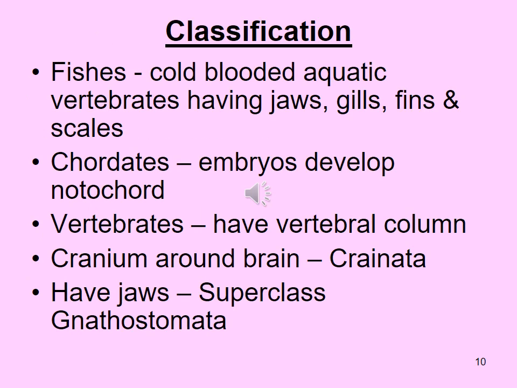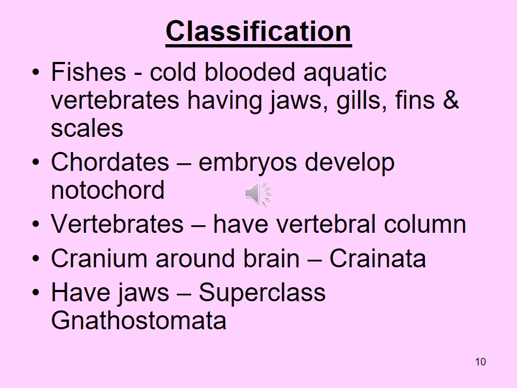Next, moving on to the classification of class Pisces. Fishes, as we know, are cold-blooded aquatic vertebrates having jaws, gills, fins, and scales. During their developmental process, the embryos develop the notochord, hence the fishes are placed under the phylum Chordata. They have a vertebral column, hence they are placed under the subphylum Vertebrata.